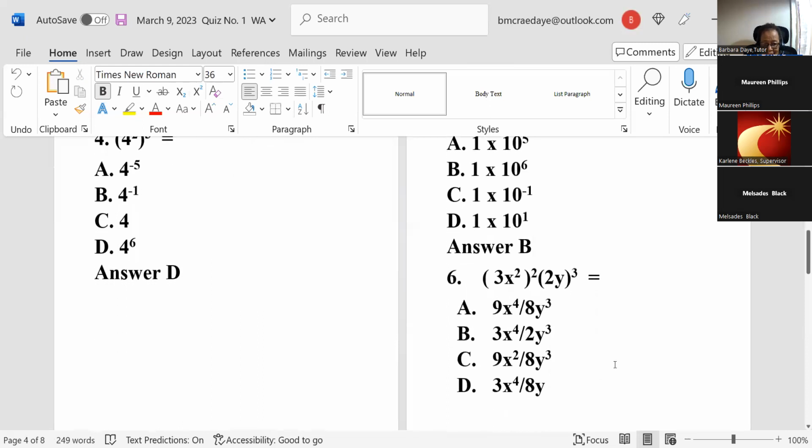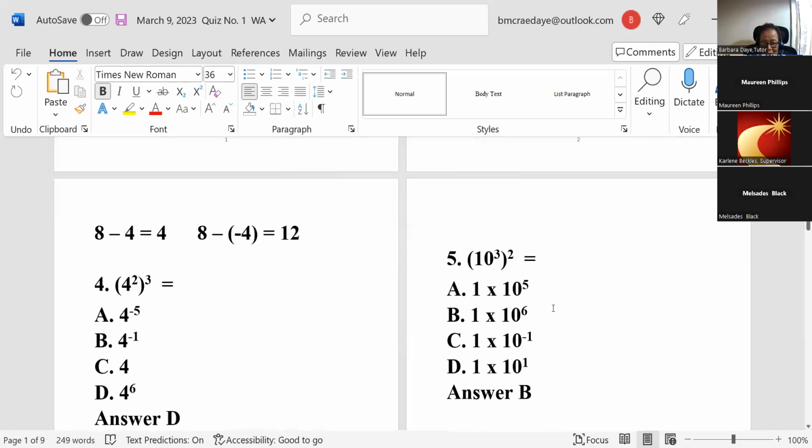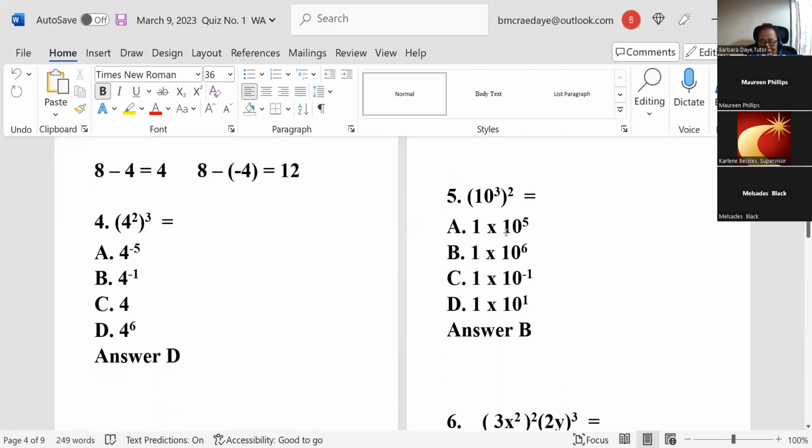Miss Barbara, I don't remember why you have 1 times 10 to the 6. Isn't 10 to the 6 the same as 1 times 10 to the 6? When you put a 1 in front of something, it doesn't change it, right? Okay, let me put this here. 10 to the 6.